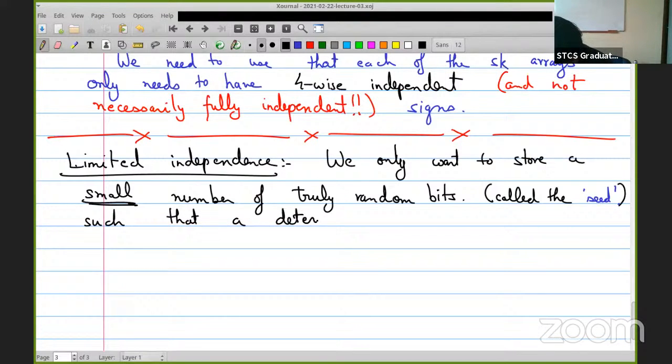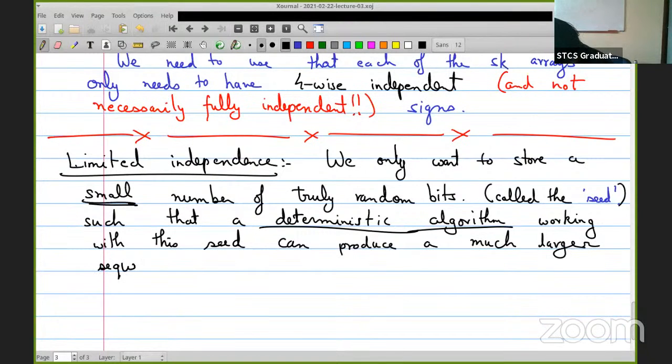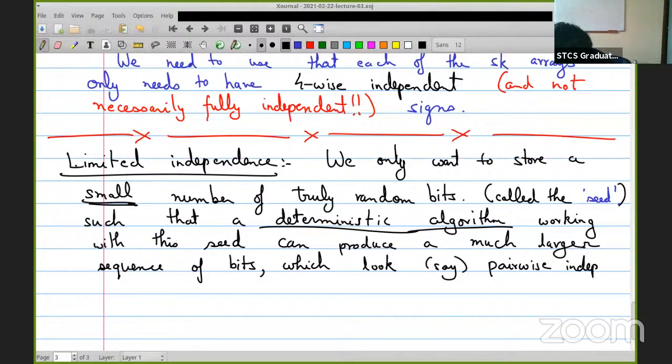Such that a deterministic algorithm working with the seed can produce a much larger sequence of bits which look, say, pairwise independent, to an outside observer who has not seen the seed.